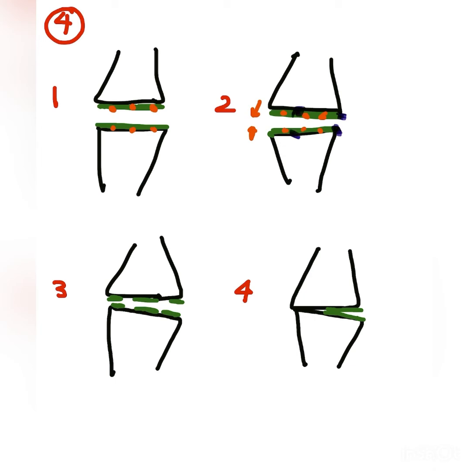The new bone formation is minimal. In grade 3 of knee arthritis, there is a severe reduction in the joint space, but the bone is not touching bone, and the degeneration of the cartilage is high, with some raw areas of bone visible. In grade 3, the osteophytes, or the new bone, are slightly bigger in size.